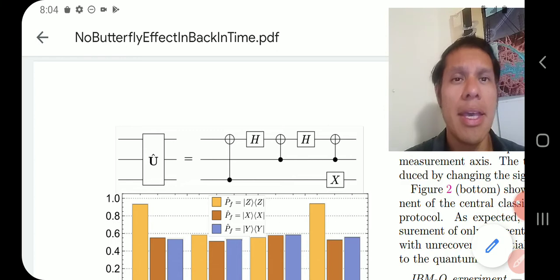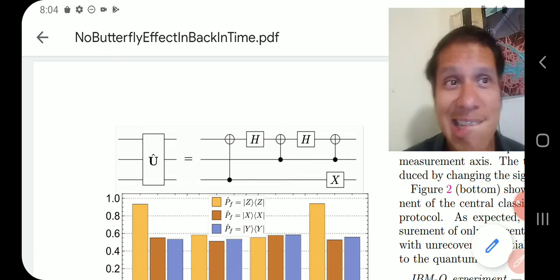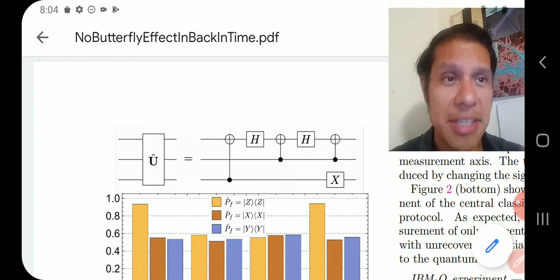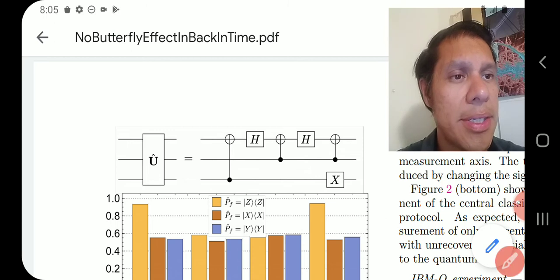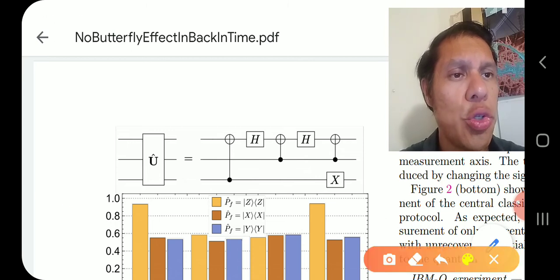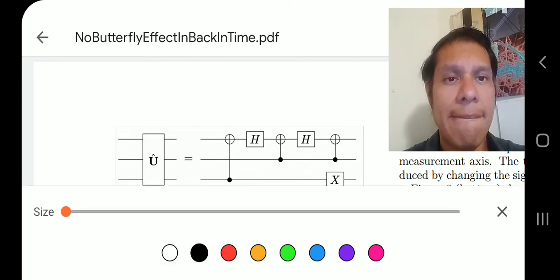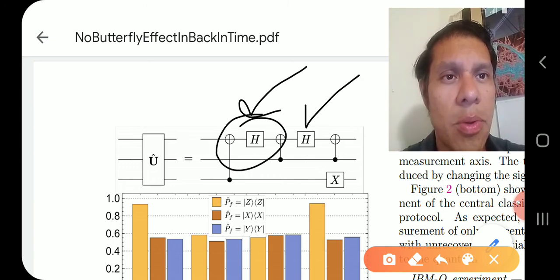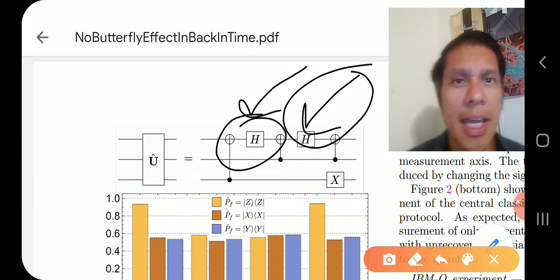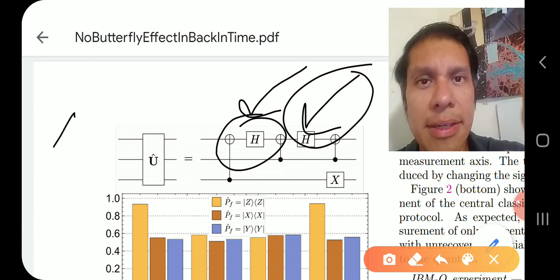Here it is. So there it is, the U. As you can see very clearly, the entanglement, right? As you can see, there are two Hadamard gates, right? So you can see one right there, okay? You can see one right there. So you can think that Alice is right here on the first channel, right?